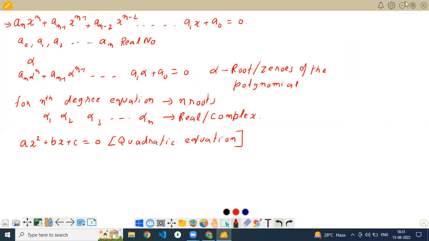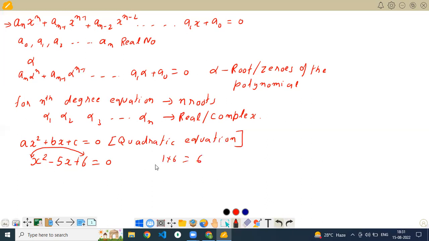So if I give a simple equation like x square minus 5x plus 6 is equal to 0, then what we do is we multiply the coefficient of x square with this constant. So this is 1 into 6, which will come out to be 6.